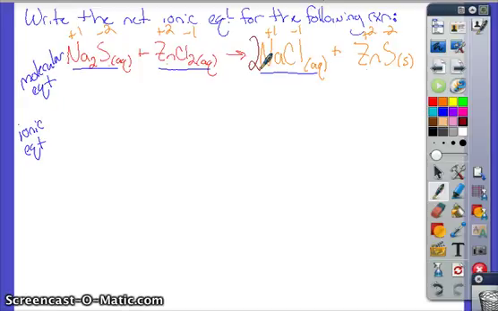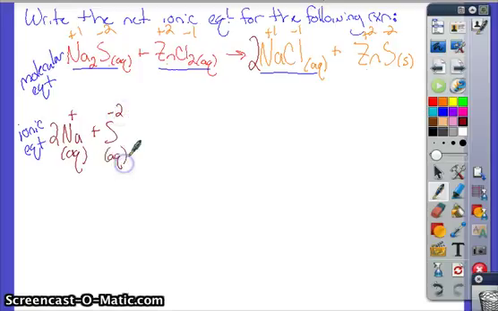We write the ionic equation by taking all aqueous substances, splitting them up into their individual ions, which they're existing as in solution, and we have 2 sodium ions, still aqueous. We have 1 sulfide ion, it's aqueous.